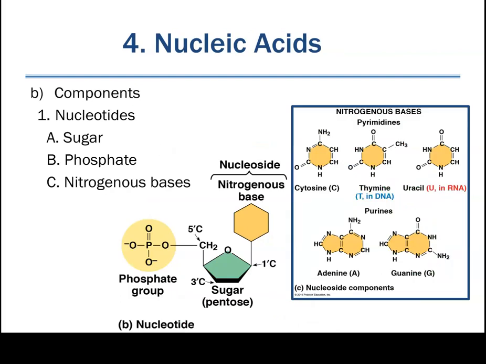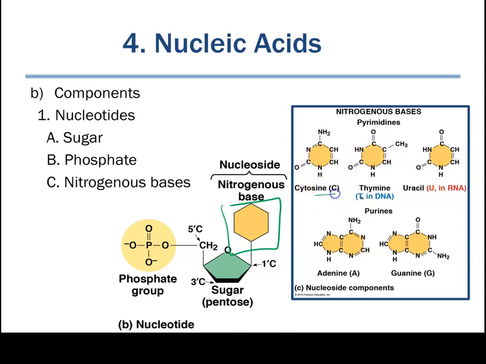So our nucleotides are made up of a sugar, a phosphate, and a nitrogenous base. There are 4 nucleotides depending on which base is attached to that sugar. I'm sorry, there are 5. And they all depend on what the actual structure is.